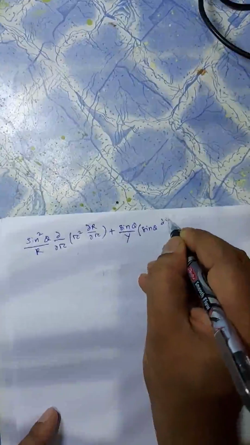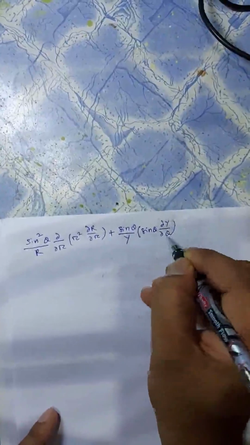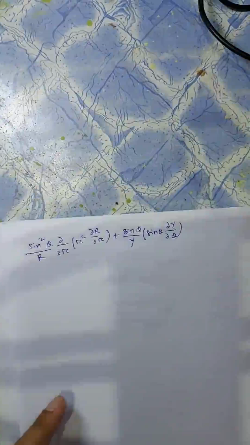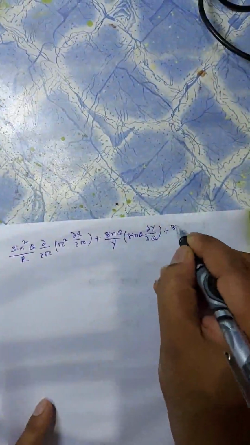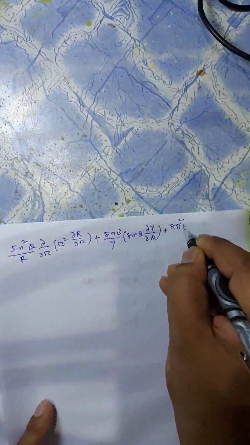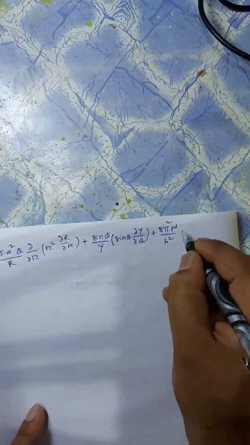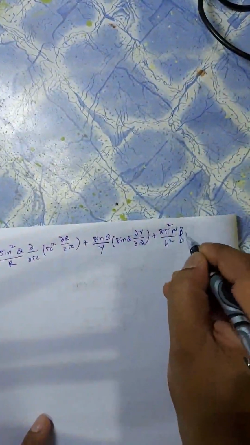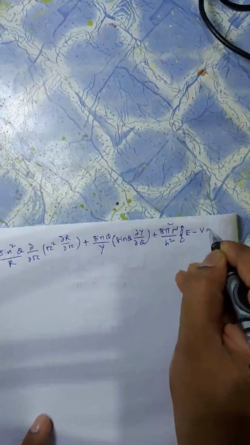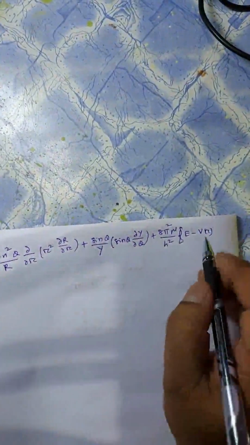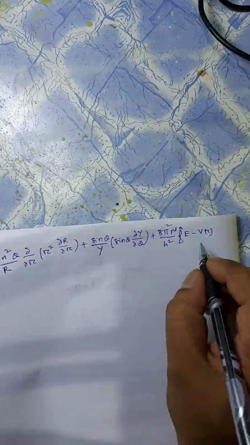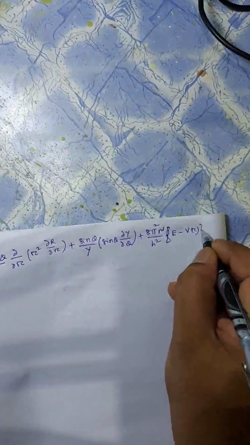sine theta dou Y by dou theta, plus 8 pi square mu by h square, E minus V(r), r square sine square theta.